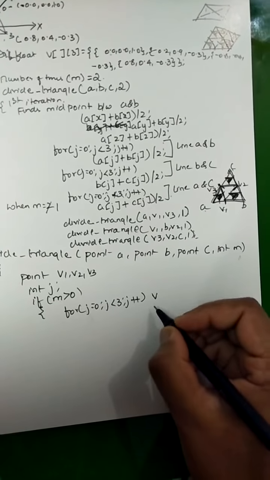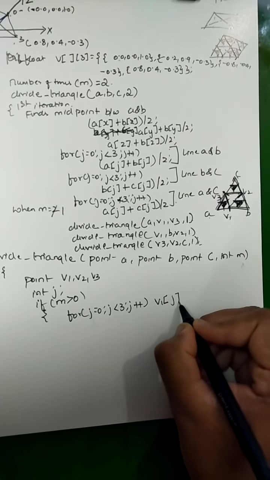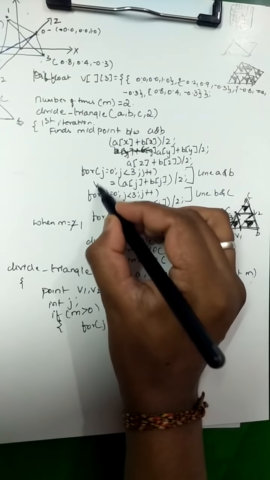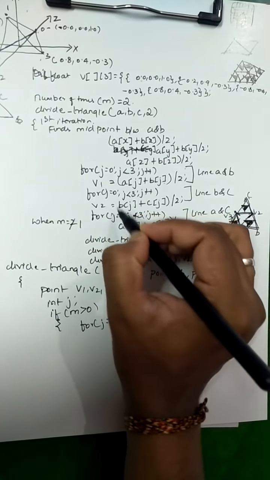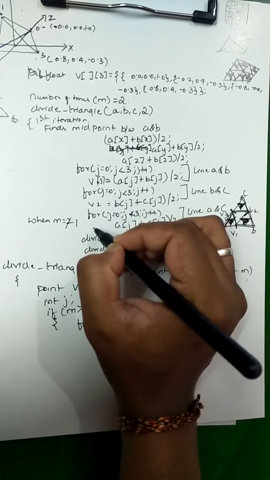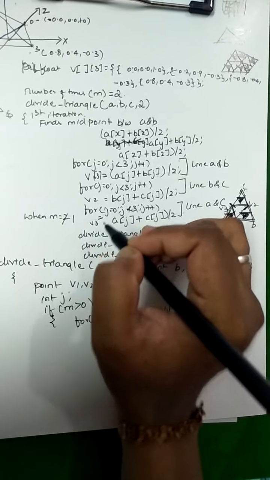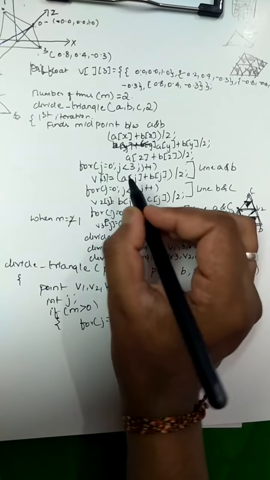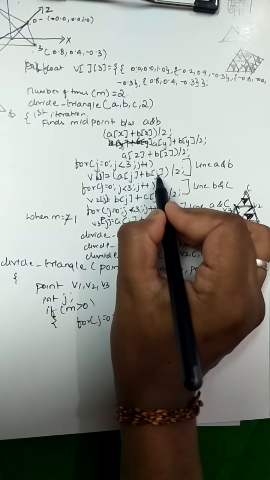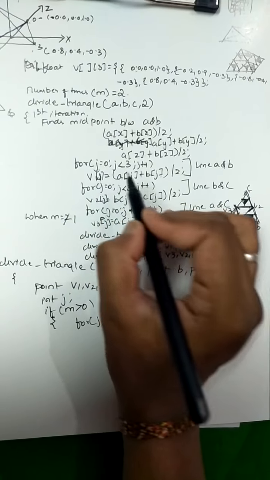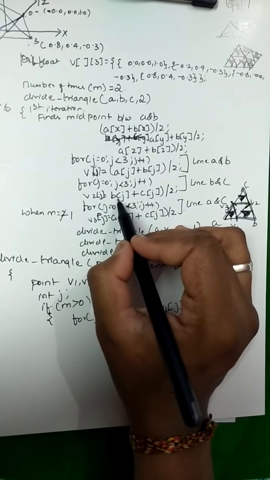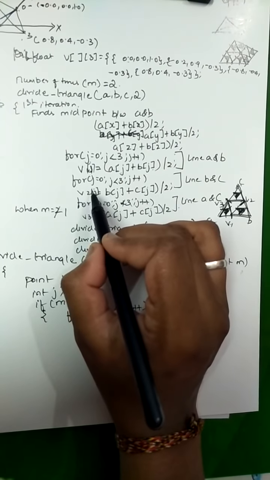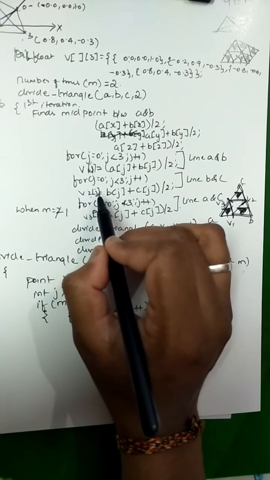I'll calculate the midpoint of v1 of j. Whatever midpoint I have calculated here should be stored in one variable, v1, and even this v2, even this v3, correct. v3 of j, v2 of j, means the x midpoint of a and b will be stored in v1 of x, and for the other lines, all a b c midpoints will be stored again in v1 of 0, v1 of 1 and v1 of 2 in terms of x, y and z.